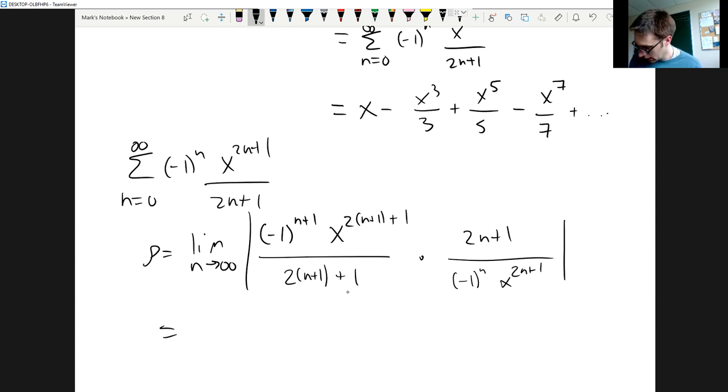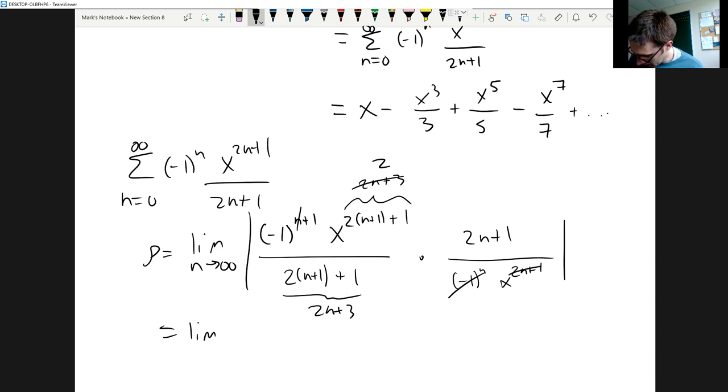And we can simplify a little bit. We'll cancel out some factors of negative 1. Notice this is just 2n+3 when we multiply out, which means we're going to cancel all the x^(2n+1), and then we'll have 2 extra factors of x on top. And this is just going to be 2n+3 as well.